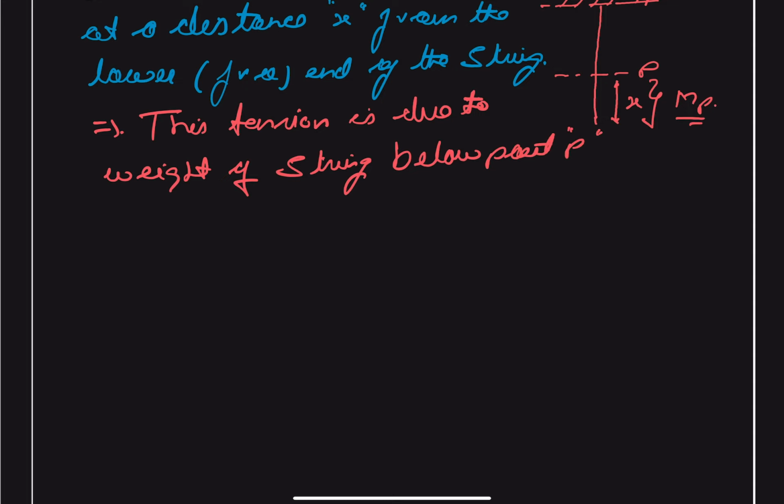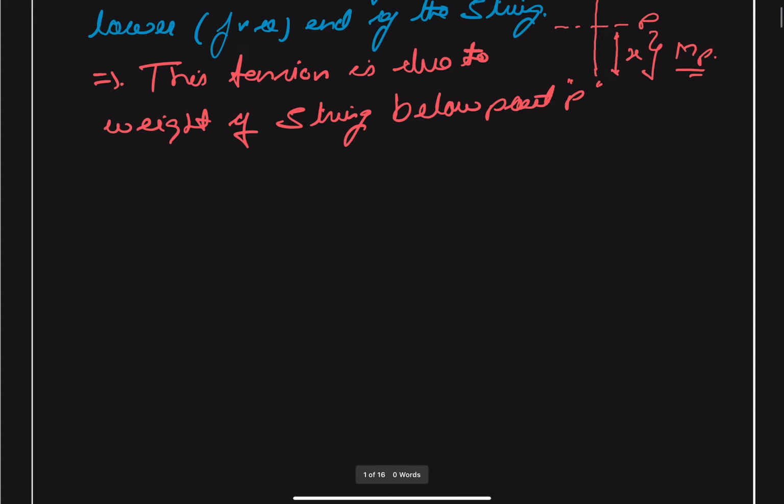So we can write that our tension will be equal to mp multiplied by g, and this mass we can write in the form of mu multiplied by x, and this will be multiplied by g.